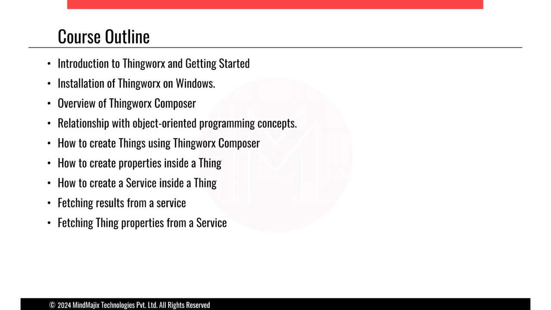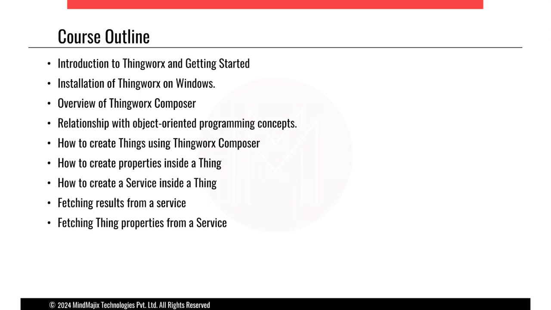Like we have classes and objects in programming languages, in the same way we have things and thing templates in ThingWorx, and based on that we have other entities as well, which are thing shapes, and we also have some to represent our data coming in from the database.